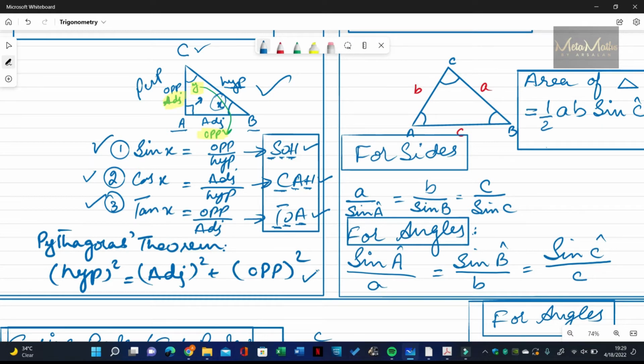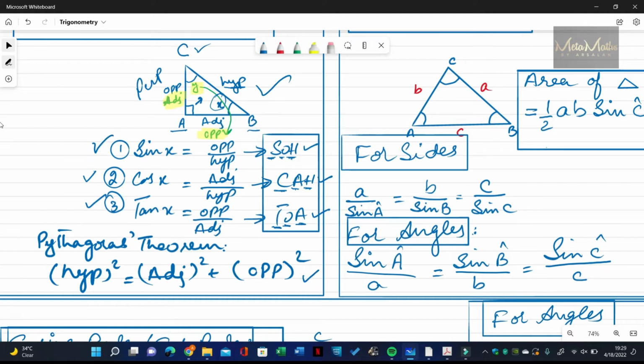Ratios are used when one angle is given and one side is given and the other sides you need to find. Then we can apply sine x, cos x or tan x according to the situation given. But the Pythagoras theorem is only used when two sides are given and the third side you are going to find, right? So Pythagoras is applied only for the sides, but with the help of ratios we can find the missing angle or missing sides both, right? So this is trigonometric ratios.